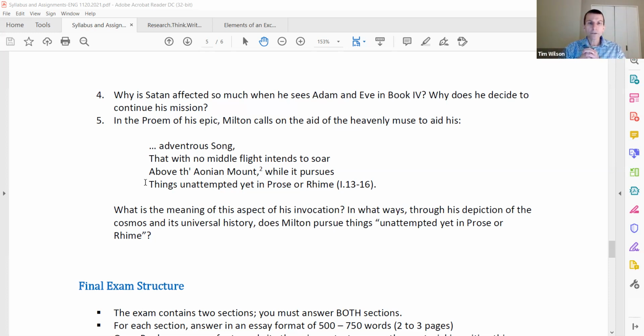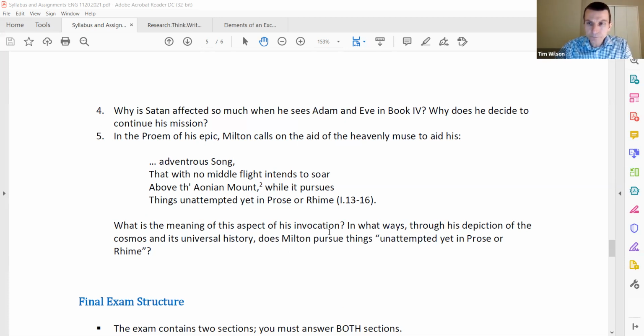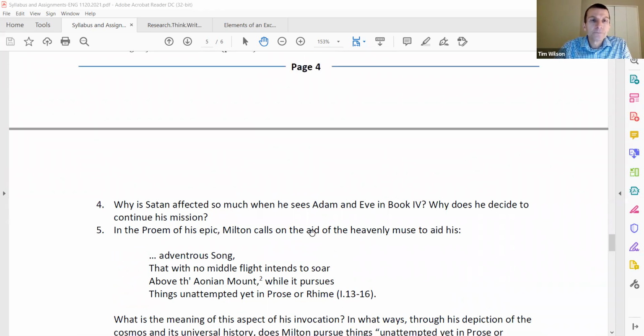So too here in Milton, there are a number of invocations of a Christian muse to inspire his song. So that's the topics, the expectations of the essay.